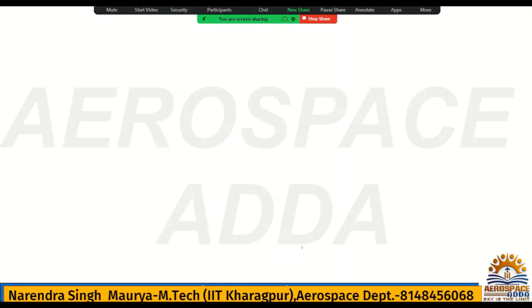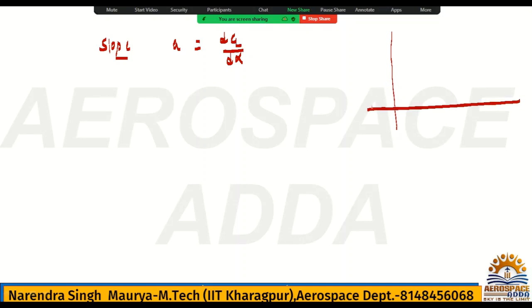So what is the slope? dCL by d alpha. Okay, very importantly, if this is the CL versus alpha plot, so for the cambered airfoil, and obviously most of the time it is a cambered airfoil, if it is given it's okay, if it is not given also, because alpha they have given negative value, so you can assume that it is the cambered airfoil.